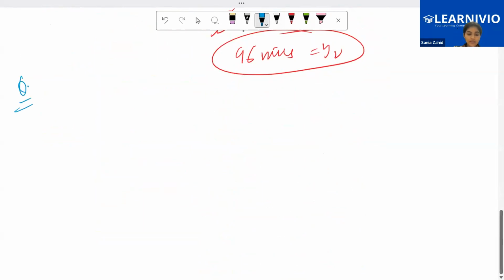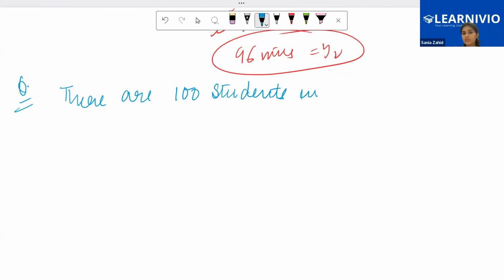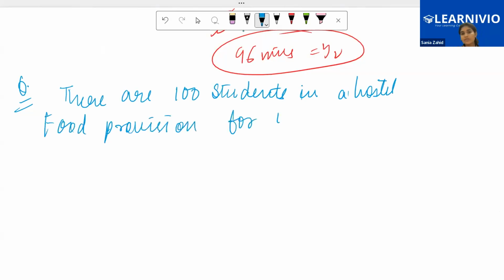So the next example is like, there are 100 students in a hostel and food provisions for them is for 20 days.